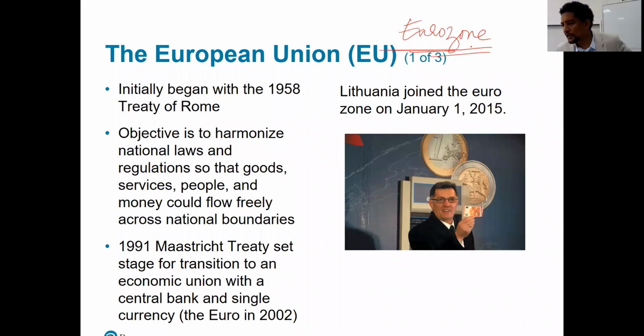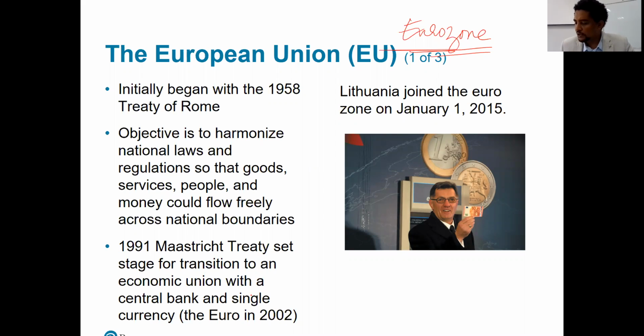So the European Union initially began in 1958 with the Treaty of Rome. The objective is to harmonize national laws and regulations so that goods, services, people, and money could flow freely across national borders. Okay, so in 1991, the Maastricht Treaty set the stage for transition to an economic union with a central bank and single currency.